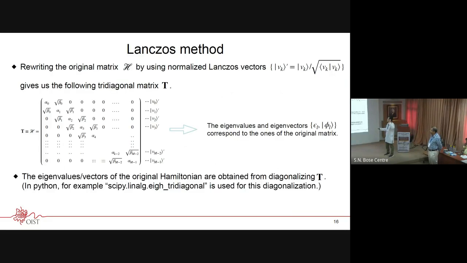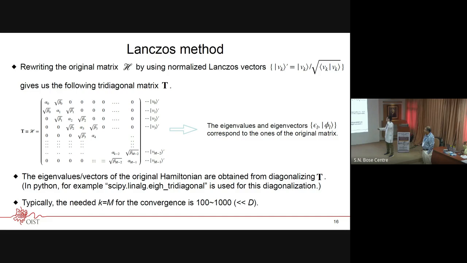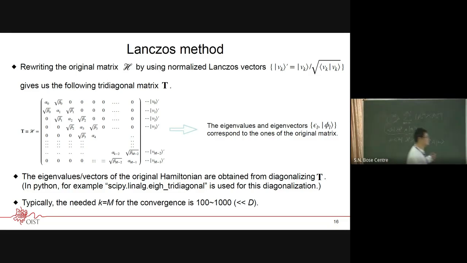After diagonalizing this tridiagonal matrix, of course we can get the eigenvectors of the tridiagonal matrix, but those are written using the Lanczos vectors as a basis. These Lanczos vectors are n-dimensional vectors. So I think I should use the blackboard.